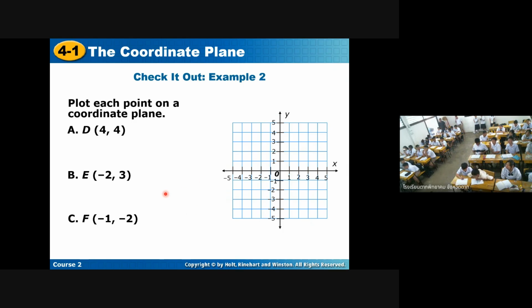How about this one? Point D, 4 comma 4. Where is it? Okay, come here. Point D, 4 comma 4. Is it right? Okay, it's 4 of x, 4 of y. 4 of y is this point. How about point E?